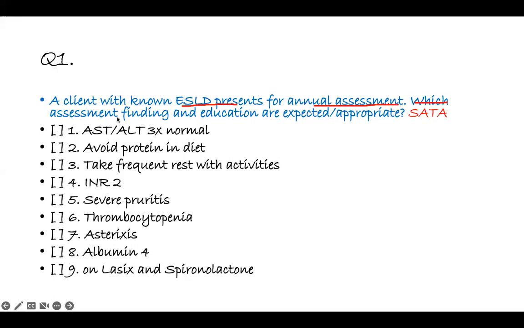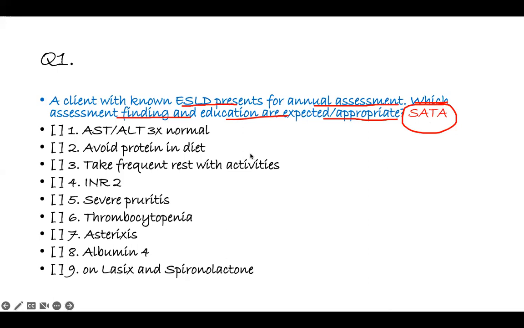Which assessment finding and education are expected or appropriate? Select or apply. So basically, this is a select or apply question. The patient has end-stage liver disease and came for annual assessment. What do you expect to find, or what education is appropriate for this patient?